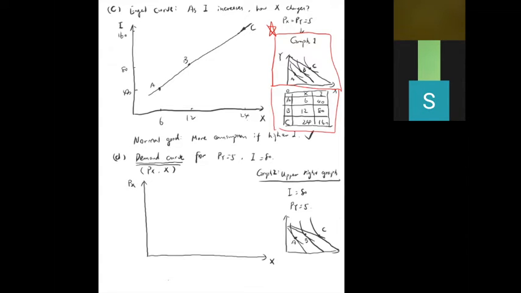And then for this table, A, B, C, we check the values of X and Px. We see that at point A, the price of X is 10, and the consumption of X is 4.